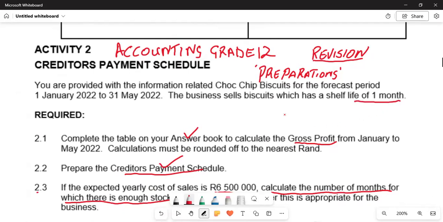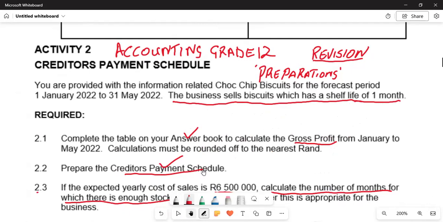So it means it's appropriate. It is not going to stay for long on the shelf. It's less than 1 month because it's 28 days. So it is very appropriate considering the statement that we are told that the business sells biscuits which have a shelf life of 1 month. So that is that.